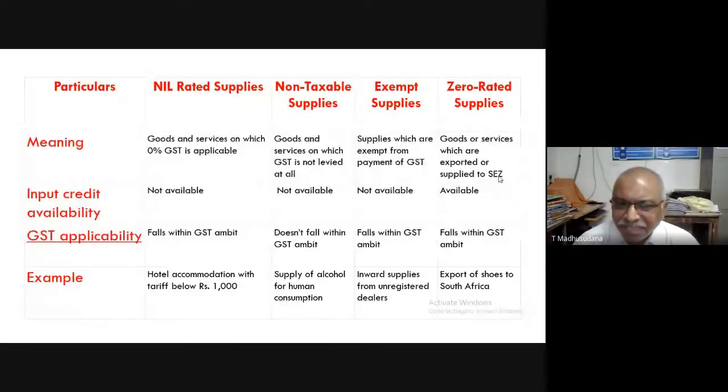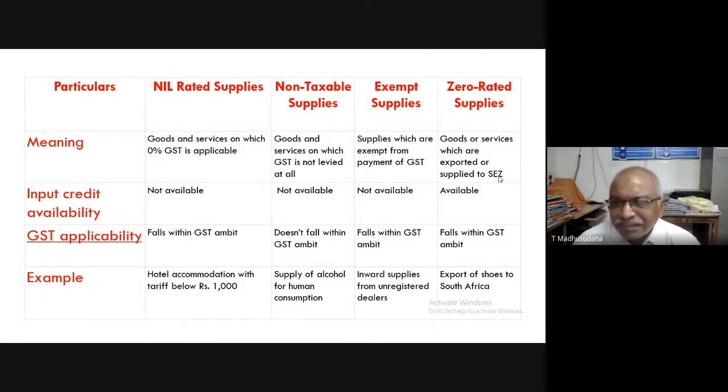Next, exempt supplies. The example for exempt supplies is inward supplies from an unregistered dealer. That means if any dealer buys goods from an unregistered dealer, since he is not eligible to collect GST, he will not pay GST to the dealer. Next, zero rated supplies.